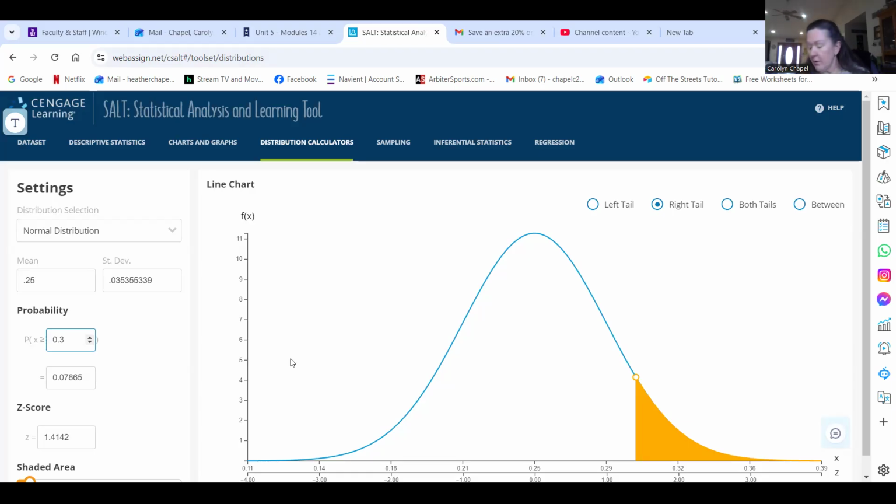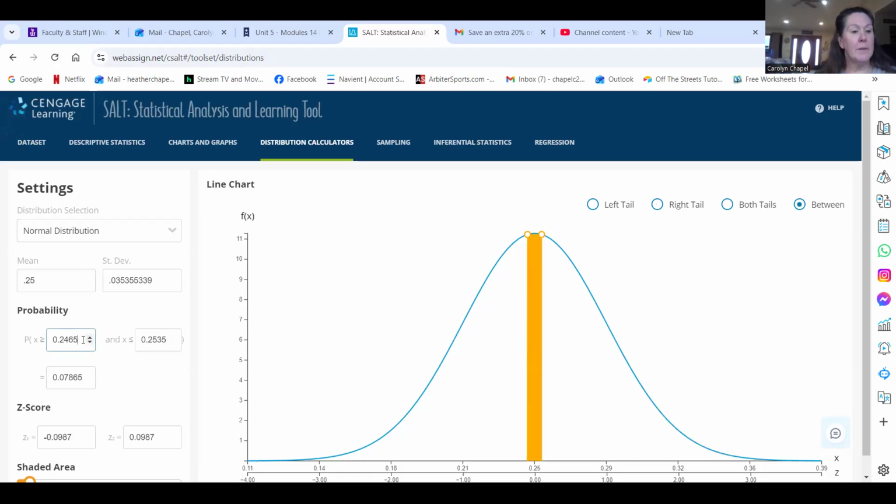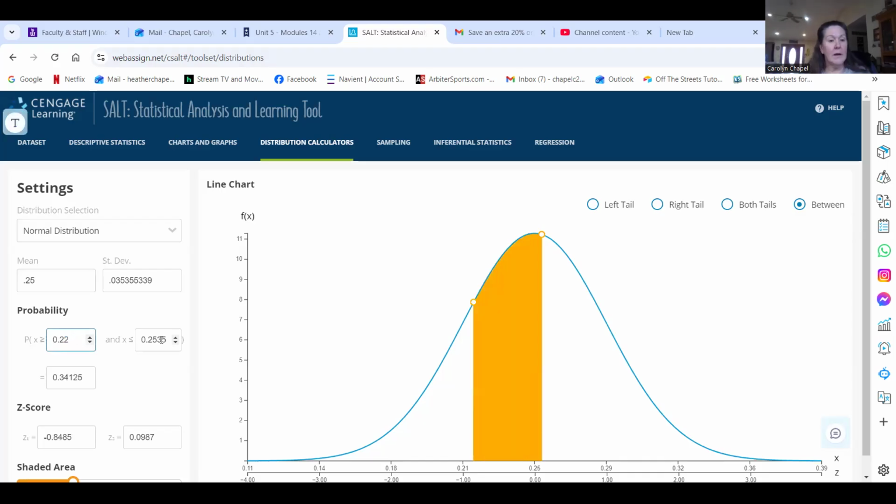I'm going to go back to our question. And actually what I'll do is I'll just read the question and I'll put the answers. We want to find the probability that the proportion is between 22% and 27%. So that means I want to do a between, bigger than 22, but smaller than 27.